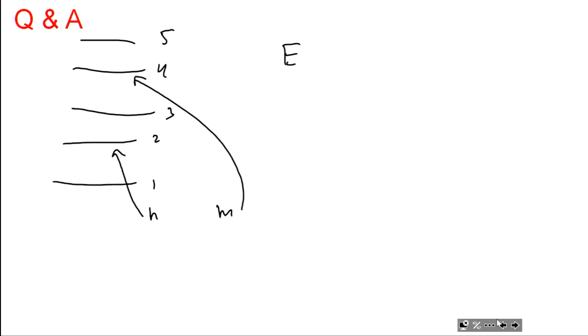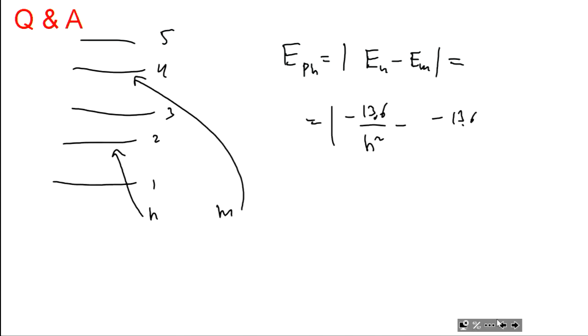So the photon should have energy which is equal to the difference between these two energies. And it doesn't matter if the photon excites the atom and energy increases, or the atom loses energy and the photon flies away. This is always this, so it's basically negative 13.6 over n squared minus negative 13.6 over m squared, for whatever n and m.